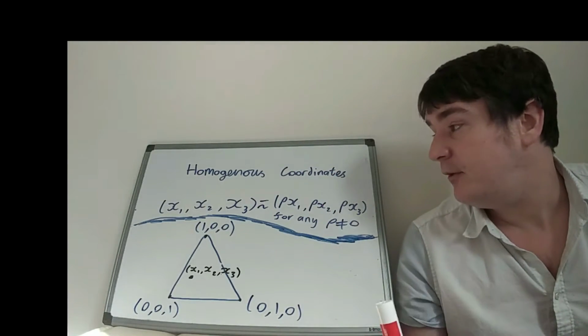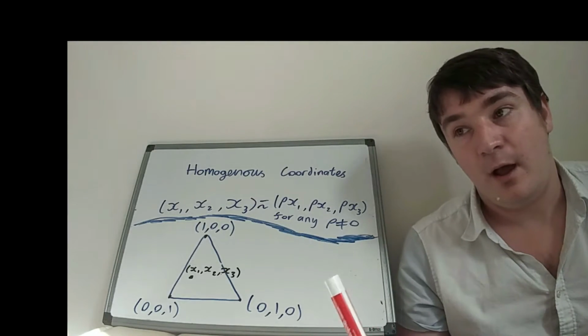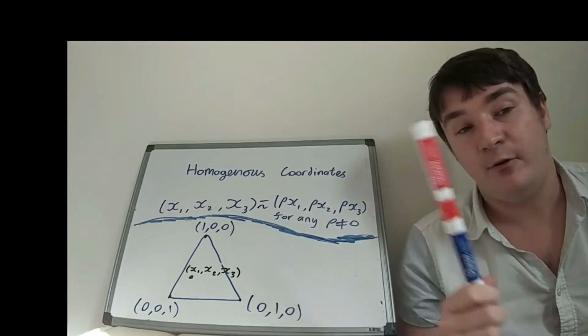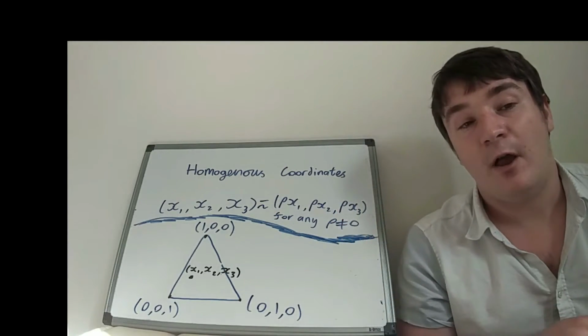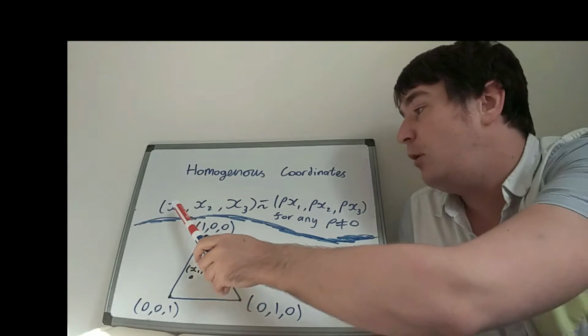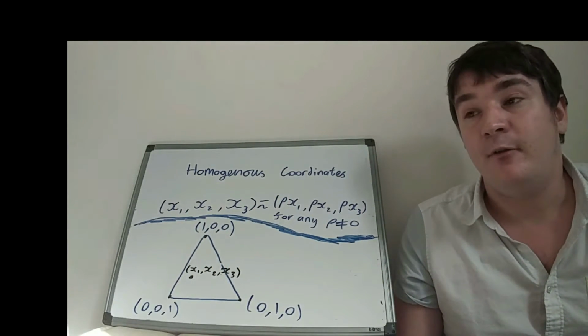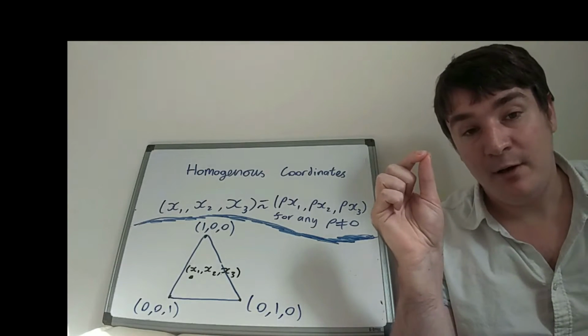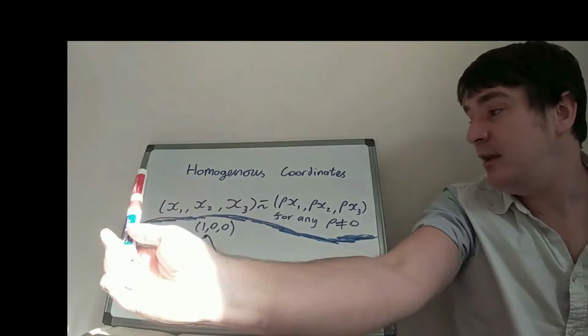Well, a nice way to start thinking of them is that homogeneous coordinates are a way to refer to a point in the plane, and we do so with three numbers, x1, x2 and x3. Now the critical thing here is that to describe a specific point, the only thing that's important is the ratio between these three numbers.